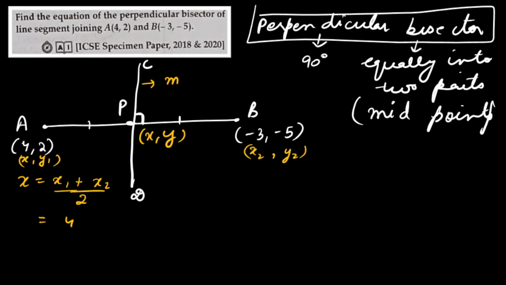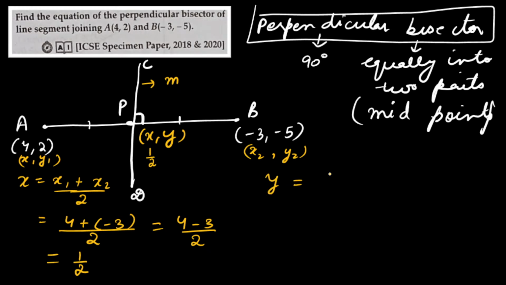So x1 is 4 plus x2 is minus 3. So 4 plus minus 3 by 2. Plus minus is minus, so I can write it as (4 minus 3) by 2. 4 minus 3 is equal to 1, so 1 by 2. The x value is equal to 1 by 2, and y is equal to (y1 plus y2) by 2. y1 is 2 plus minus 5 by 2.